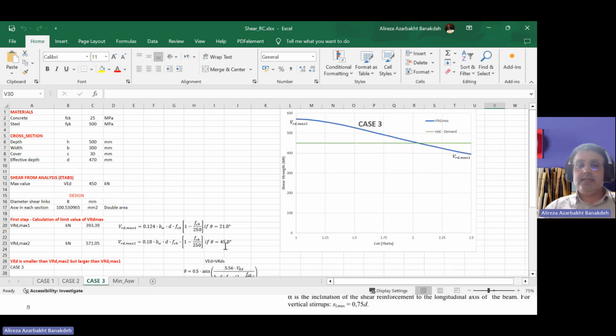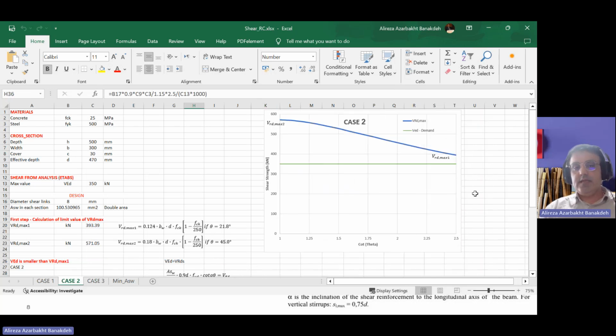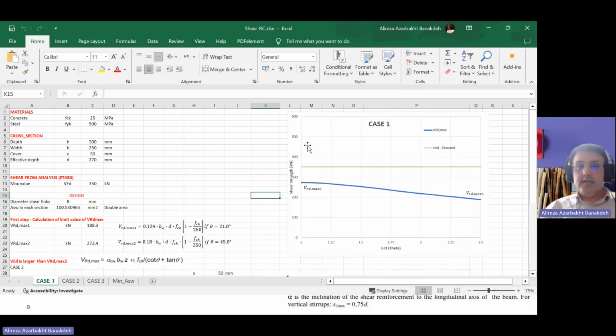In case number 1, when it is more than Vmax 2, it means that you don't have any option other than increasing your section area, otherwise the concrete will crush.